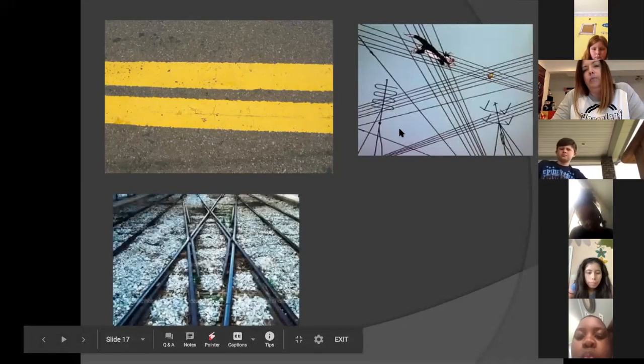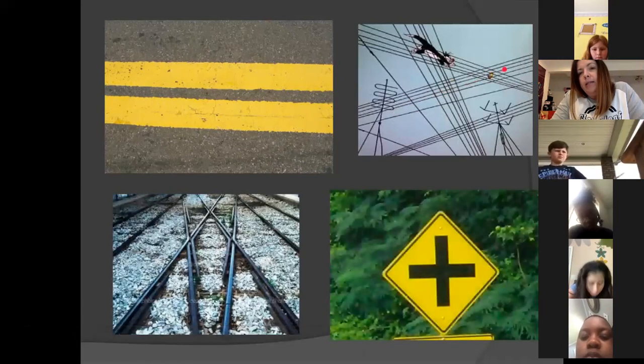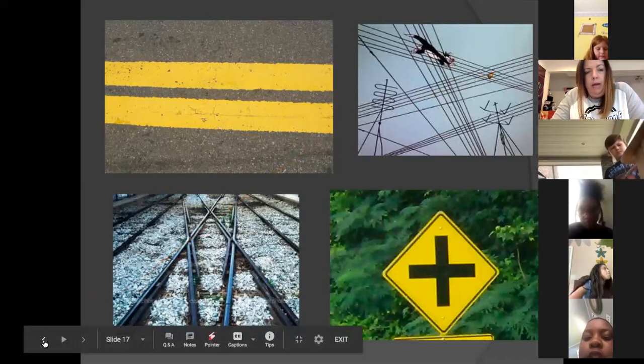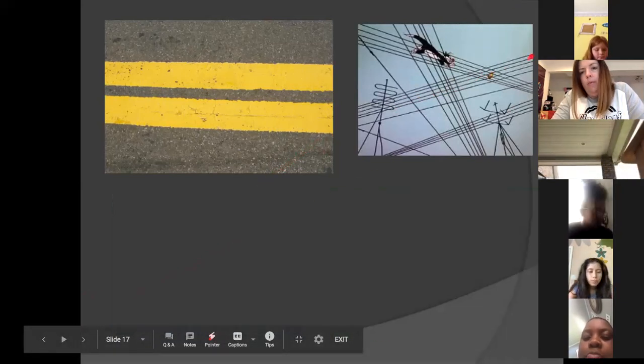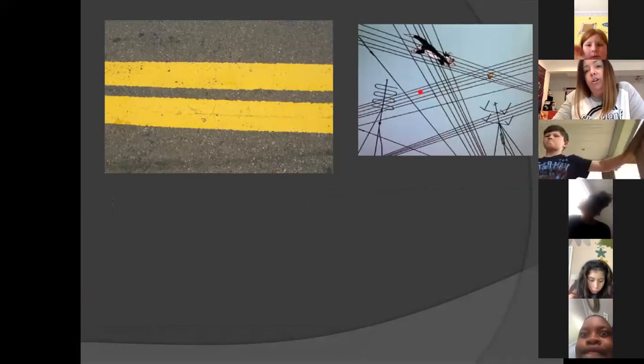Uh-oh, I showed you the next picture on accident. So here, if you're looking at train tracks. Yeah, I'm going to go back. I want you to look at this picture. If you're looking at these power lines and how they're like this part that I'm showing you with the red pointer, right? Those are parallel, right? Those lines are never going to cross each other.